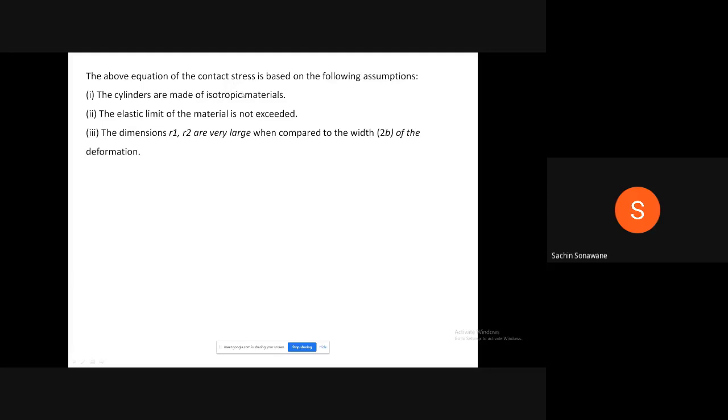Second, the elastic limit of the material is not exceeded. And third, the dimensions R1 and R2 are very large when compared to the width 2b of the deformation. Therefore, write down these assumptions.